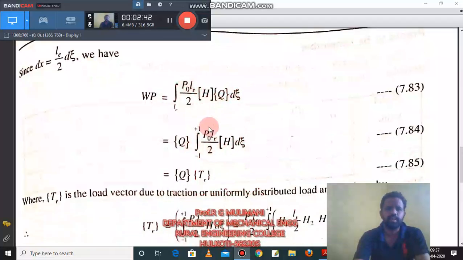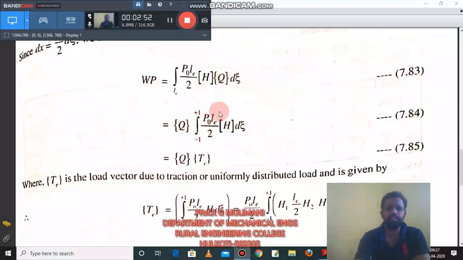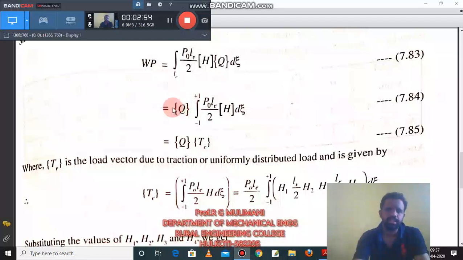Now in this work potential, if the displacement values are removed, then the remaining terms are the load vector due to uniformly distributed load. Now you substitute the value of H and integrate with respect to zeta.